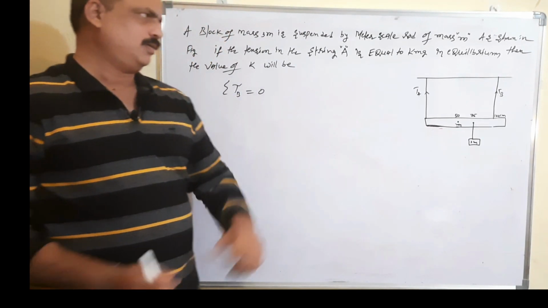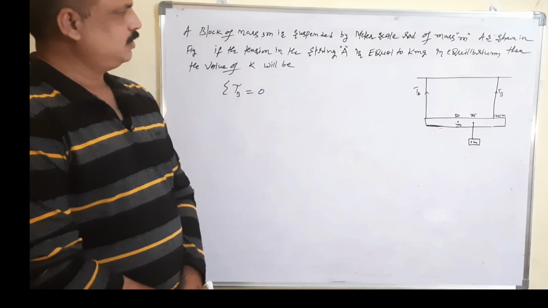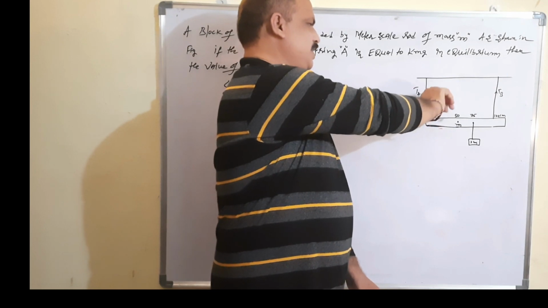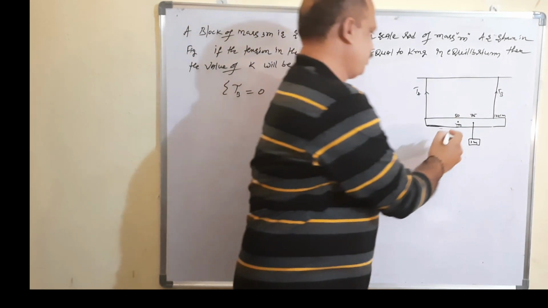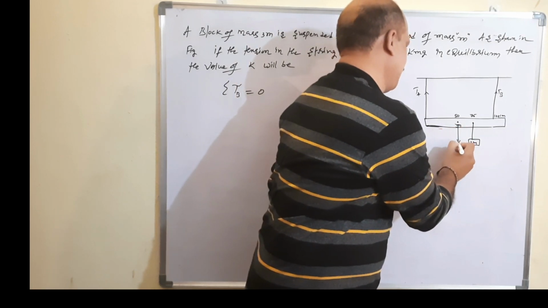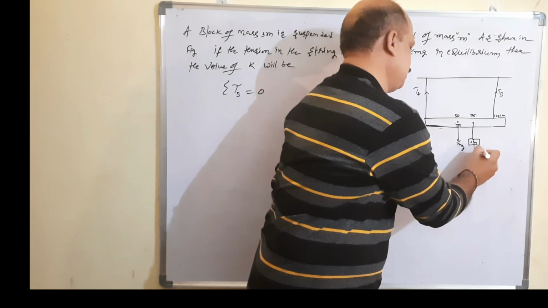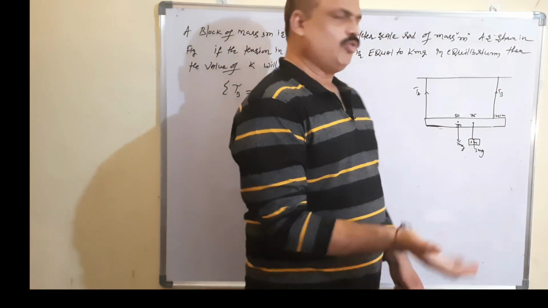So there are clockwise torques and anti-clockwise torques. Here the torque due to TA is inward, and the torques due to the weight of the scale, mg, and the weight of the block, 3mg, downward, are outward.